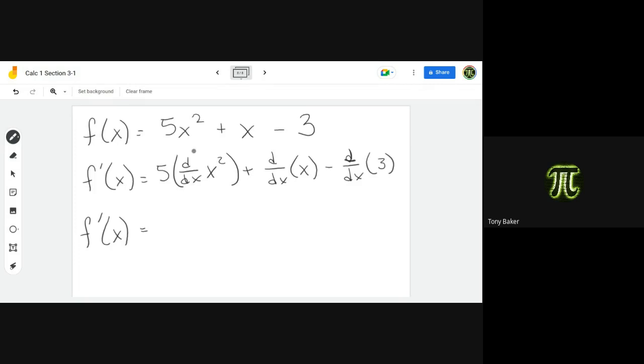So what's the derivative of x squared? 2x. So that's going to be 10x. What's the derivative of x? 1. What's the derivative of 3? 0. So there's my answer. So the derivative of 5x squared plus x minus 3 is 10x plus 1.